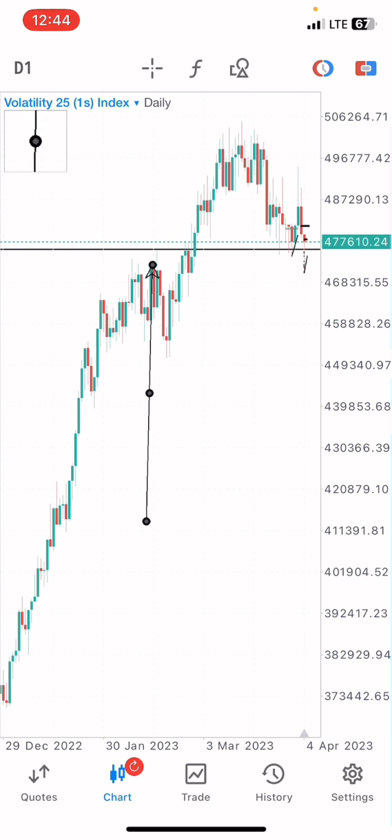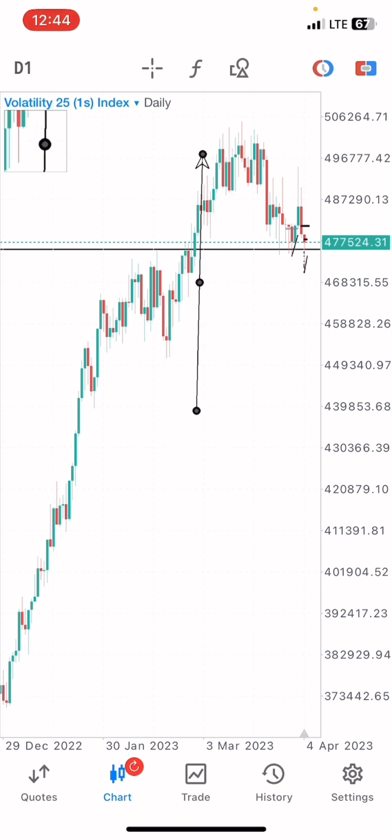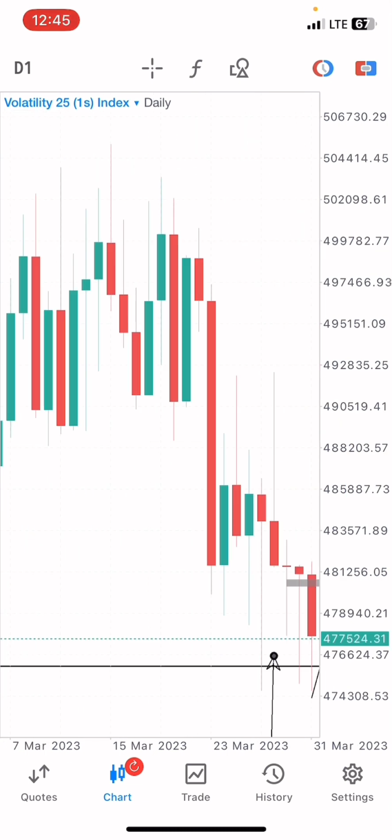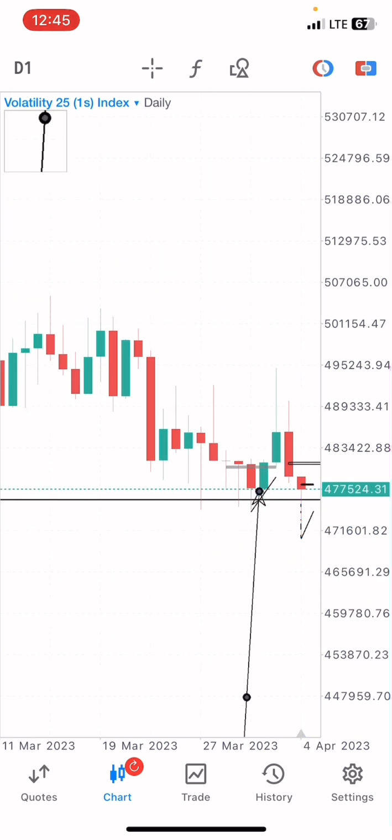You can see price reacted there as a resistance, reacted there as a resistance, and pushed down, then finally broke above it but gave a small push and failed to retest it. The price moved up choppily and came back to it, retesting the same level. You can see multiple rejections at this point. Let me zoom in. You can see we had price testing here once, twice, thrice, and four times, I would say.